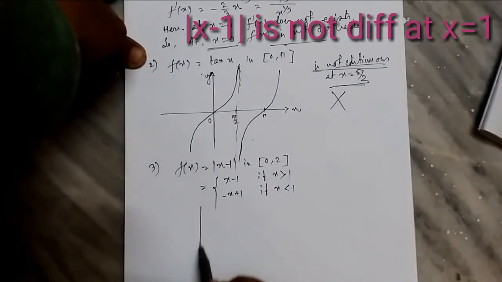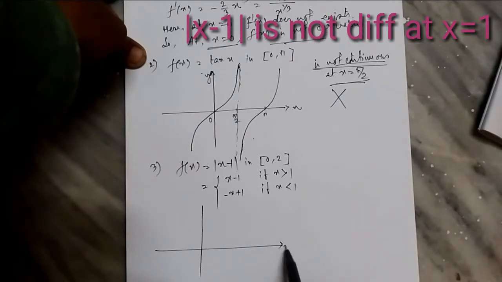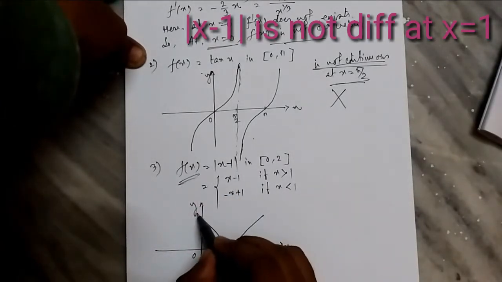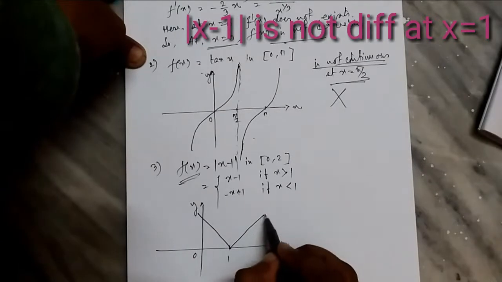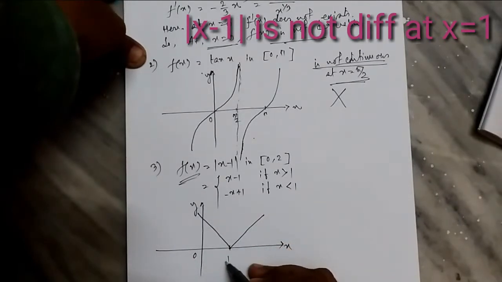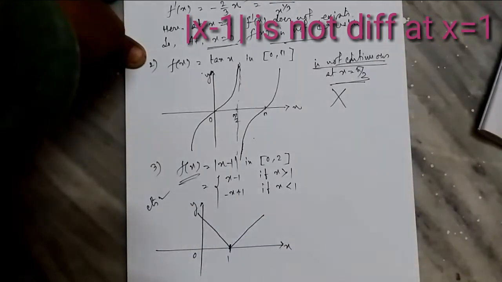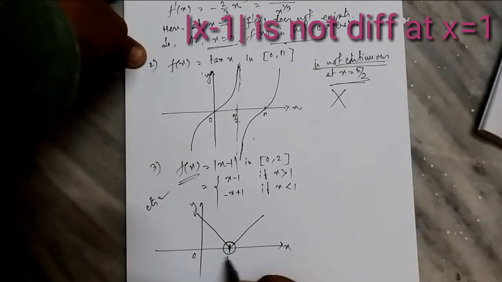If we draw this curve, here is 1. This function f(x) is continuous, as we can draw this curve without lifting the pen. But at the point x equal to 1 there is a sharp edge.